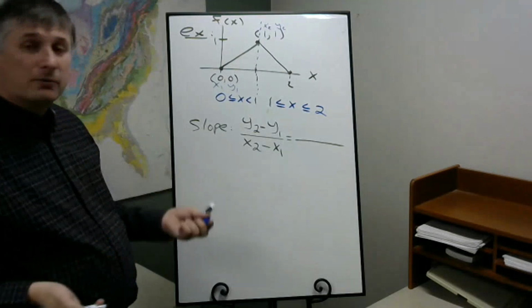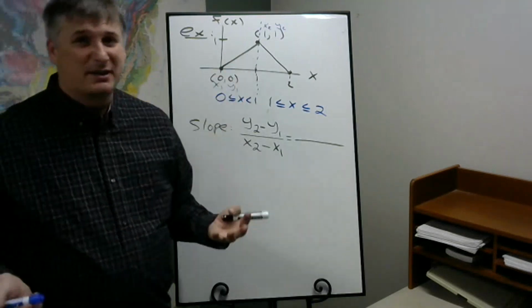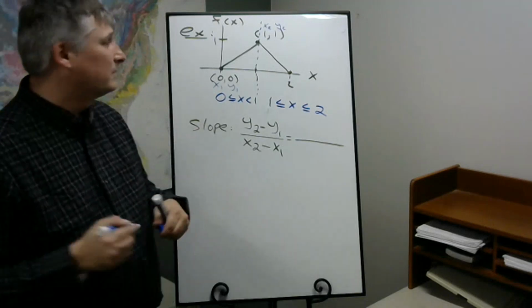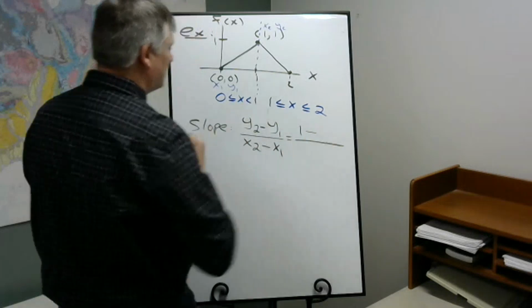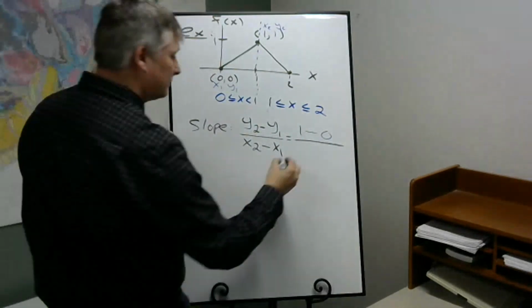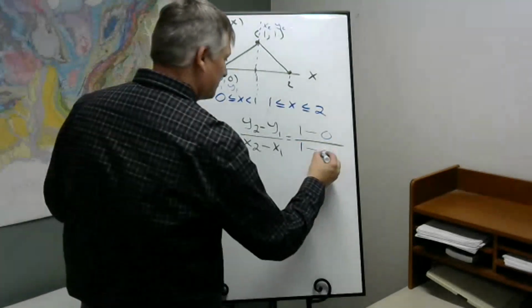And we can use our slope formula to come up with the slope. Now, you might also recognize this is the identity function. But let's say you didn't do that. Well, in that case, y2 is 1, y1 is 0, x2 is 1, x1 is 0.